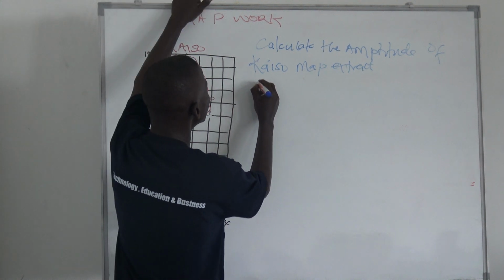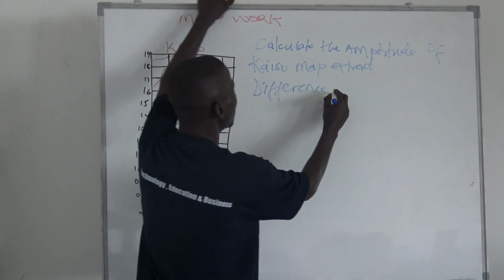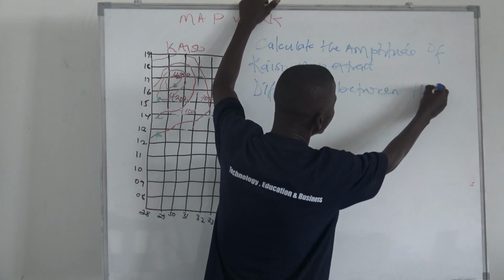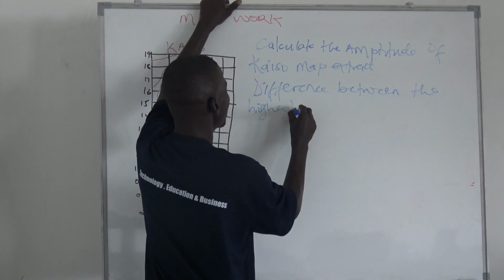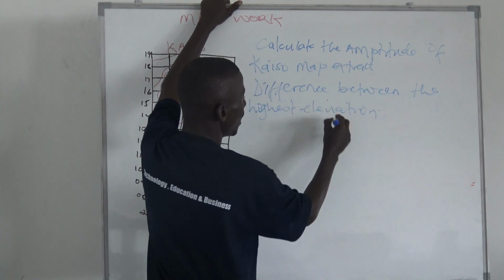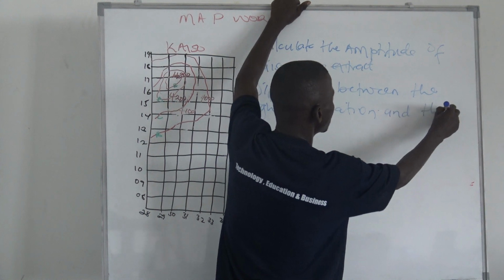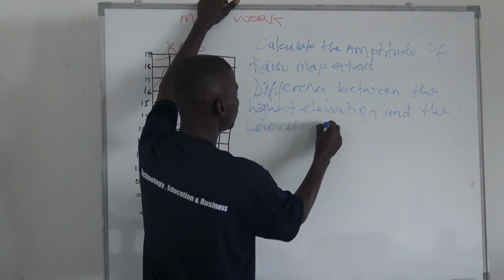Amplitude is given as the difference between the highest elevation and the lowest elevation.